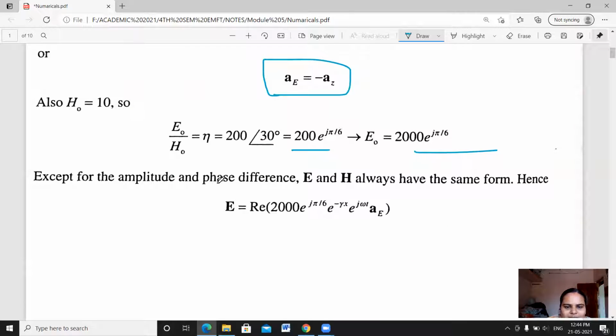Except for amplitude and phase difference, E and H always have the same form. Therefore, I can write the electric field intensity as E equals the real part of 2000 e raised to j pi by 6, e raised to minus gamma x, e raised to j omega t, aE.